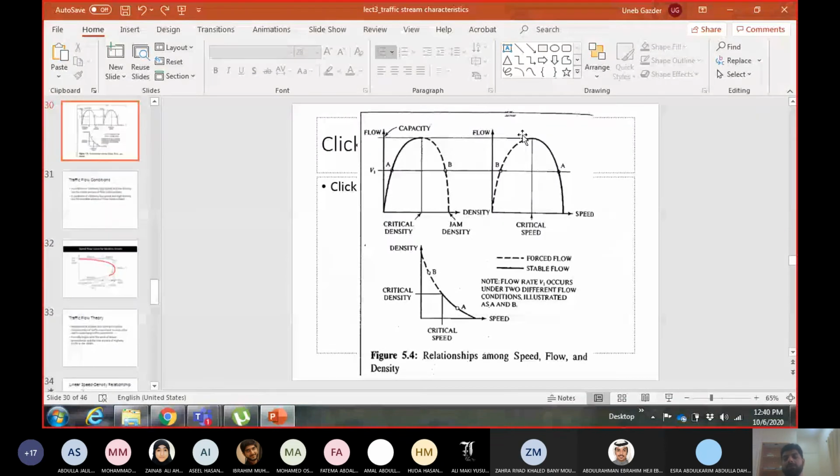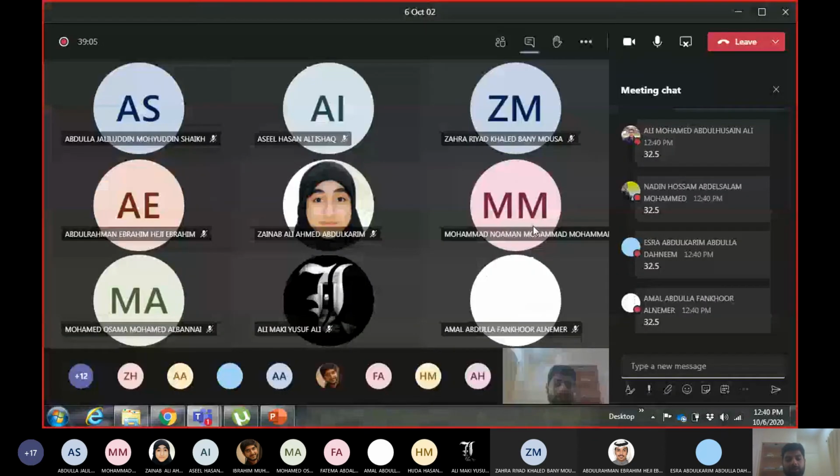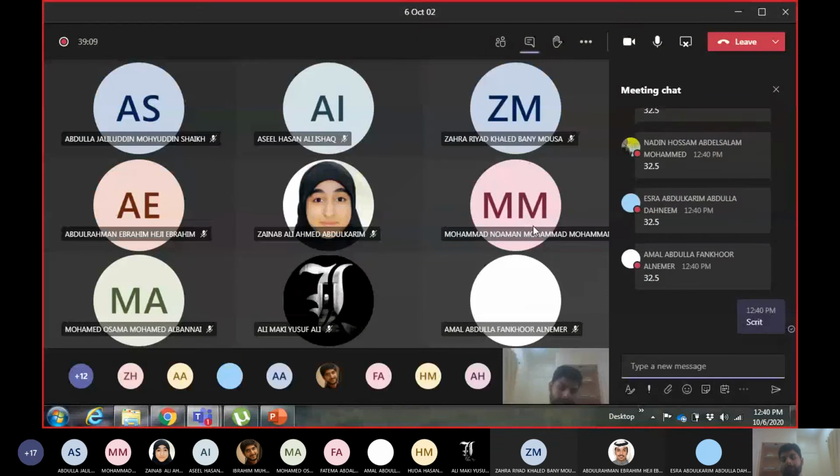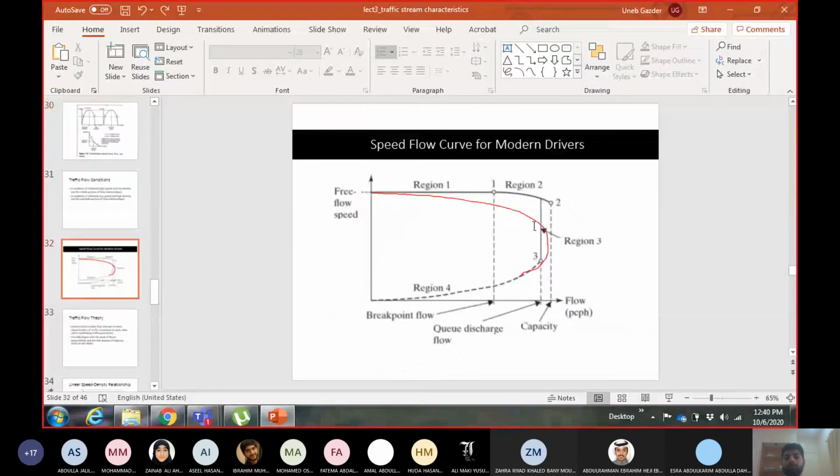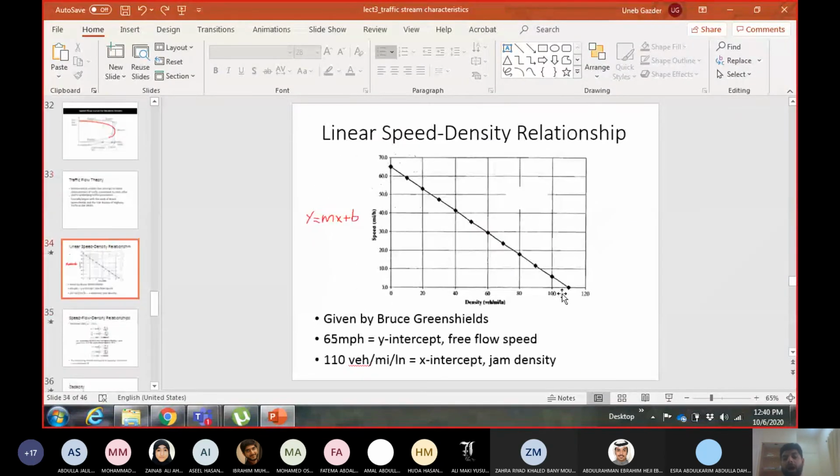And this s, what did I call this? When you reach maximum flow, the speed is called the critical speed. So the speed you have calculated, I can call it critical speed. Now in the Greenshields equation, how much was the free flow speed? This one, 65. Maximum speed was 65, and you calculated the critical speed to be 32.5.